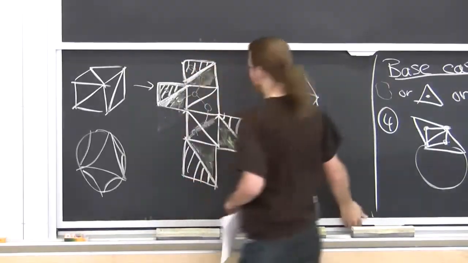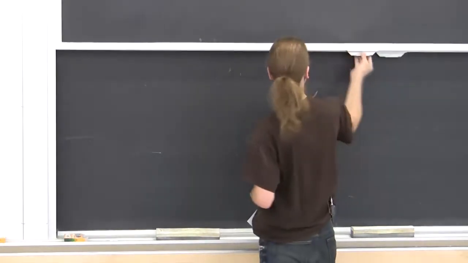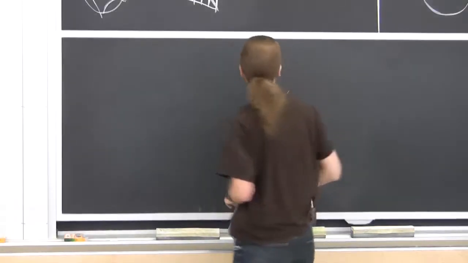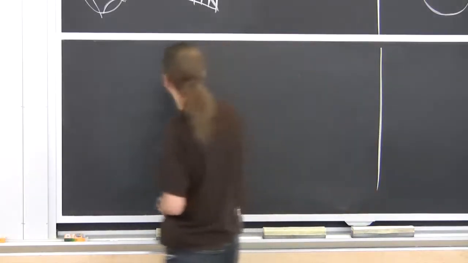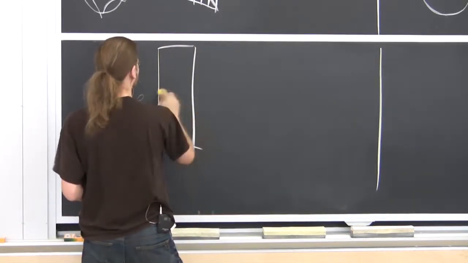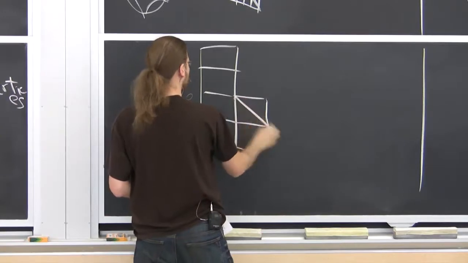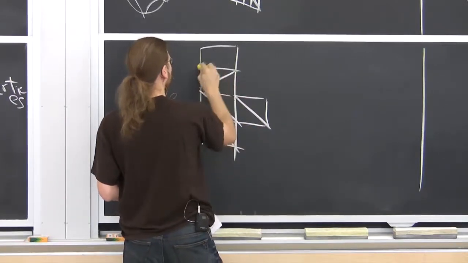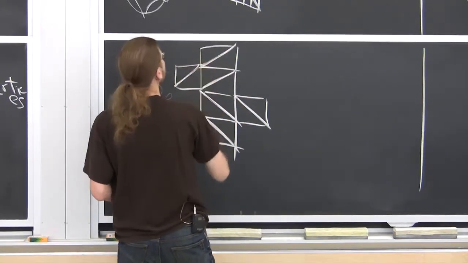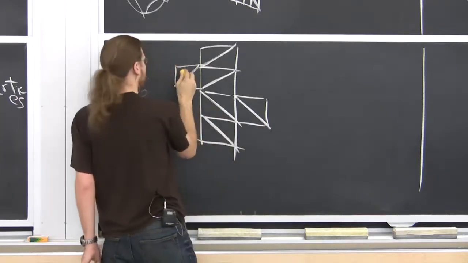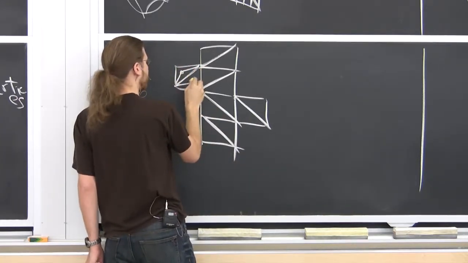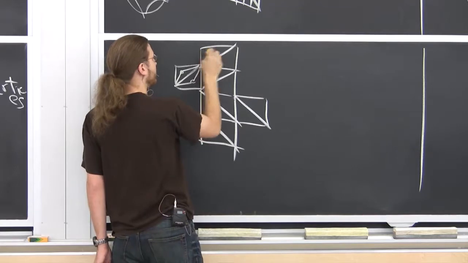So I'll do that for this example, though by now it's gotten a little messy, so let me redraw it. So I'm going to connect these guys and connect these guys.